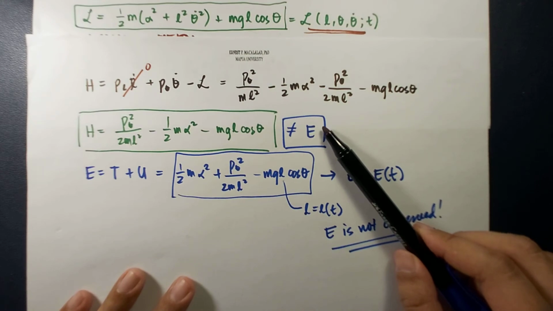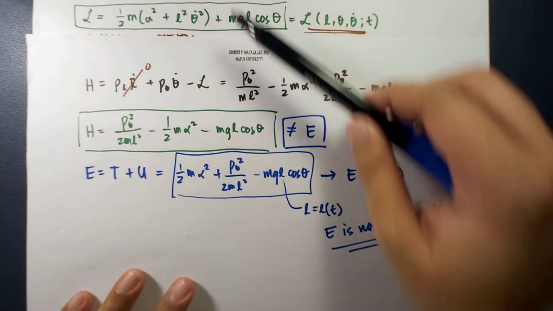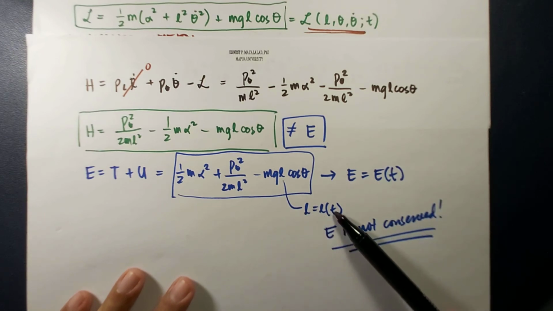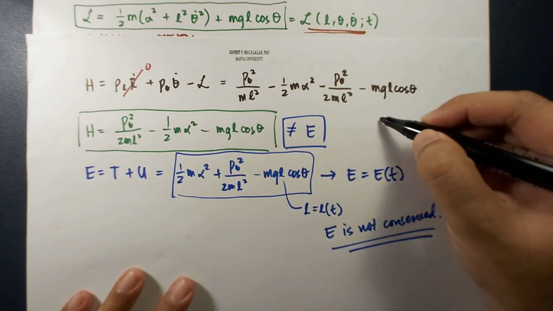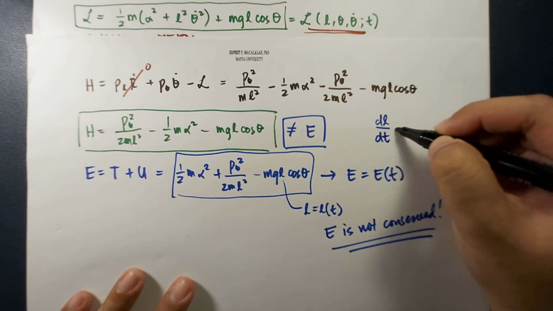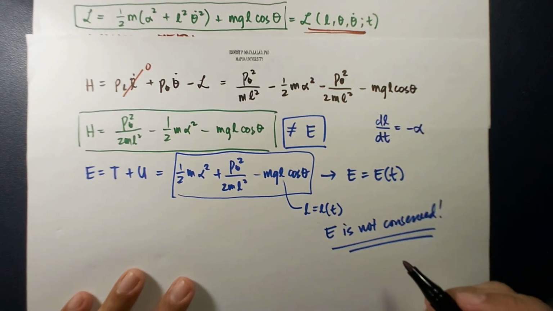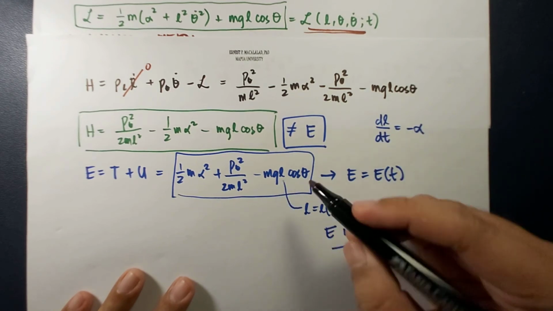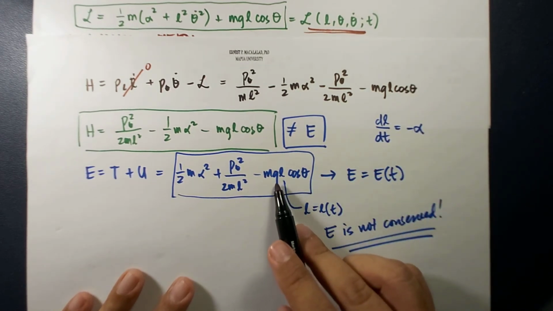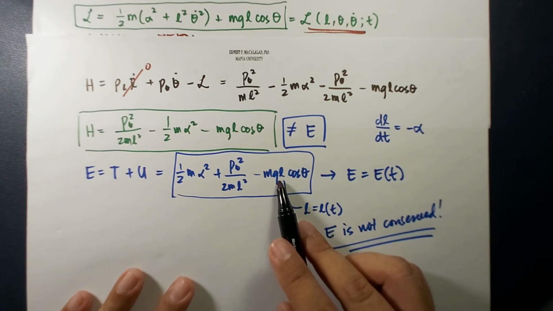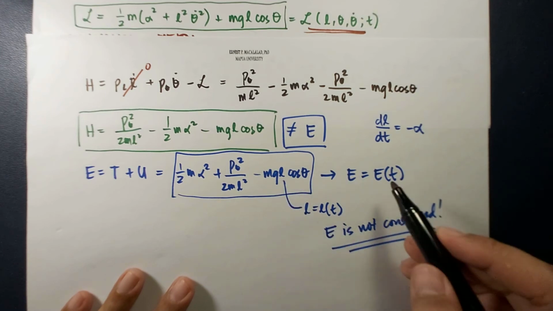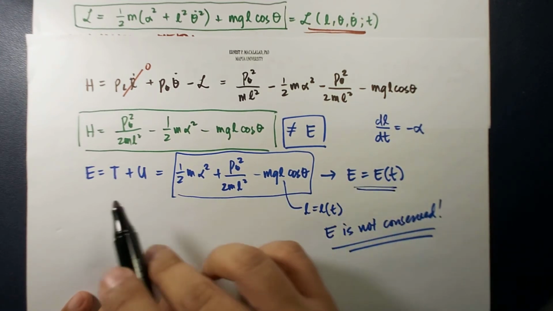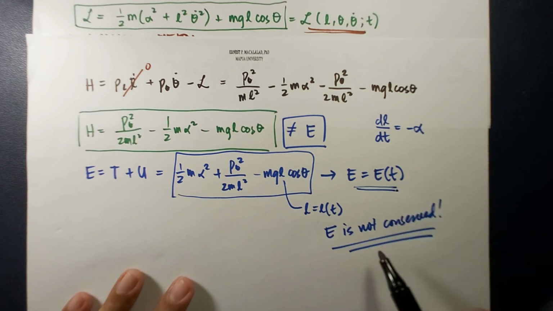Also, because L is a function of time, remember that the derivative of L with respect to time is negative alpha. Because L changes with time, the potential energy changes with time as well. That means the total energy of the system changes with time. Therefore, the energy is not conserved.